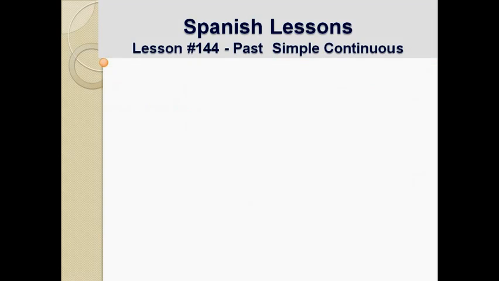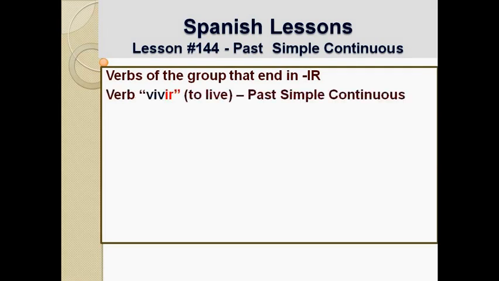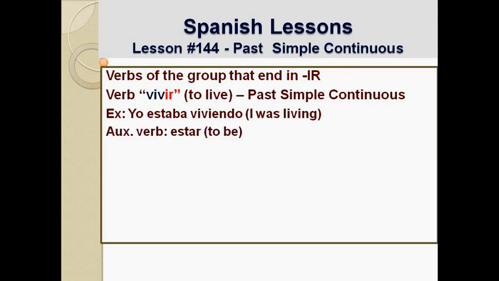So now let's end the lesson with the last group of Spanish verbs, the verbs that end with the letters IR. For example, the verb vivir, or to live. Yo estaba viviendo. I was living. We are still using the verb estar as auxiliary verb.